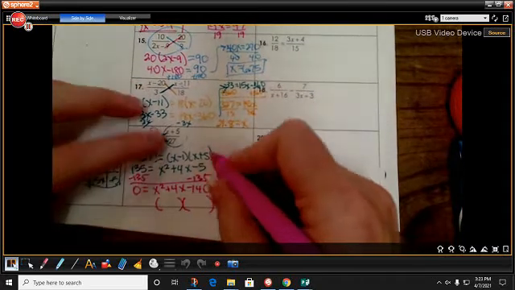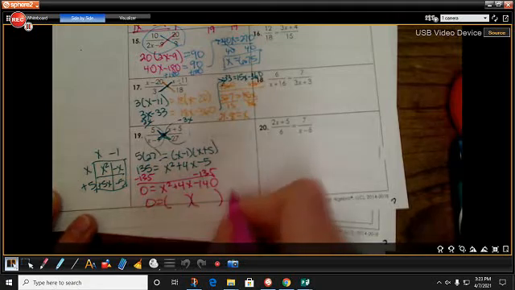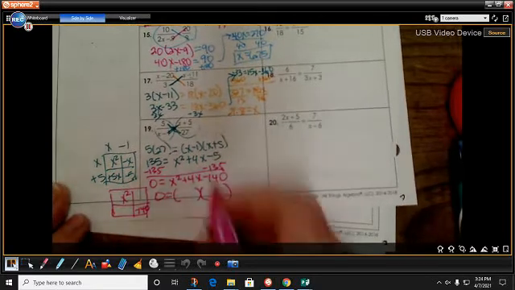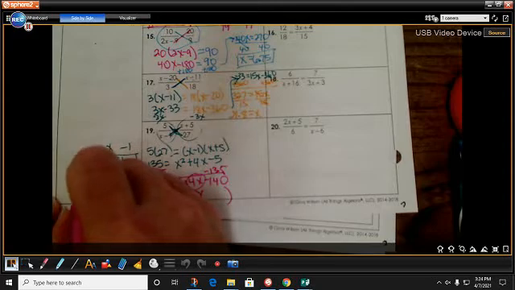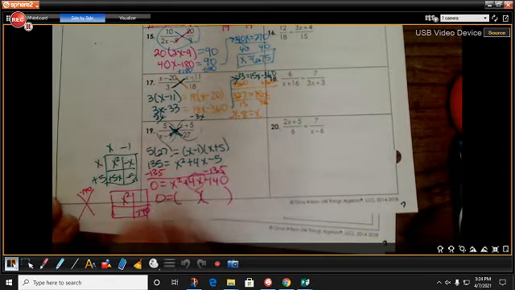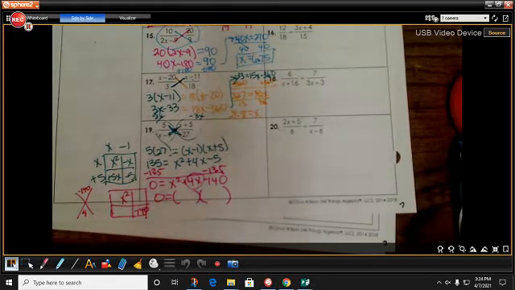But notice I have something different than what I had in the beginning, so I'm going to have to refactor this. And so when I factor this, I'm going to come here now to this pink box, and I'm going to start in the inside with x squared and minus 140 and figure out how I'm going to split up that 4x. I'm going to need to find something that multiplies to negative 140 and adds to 4.